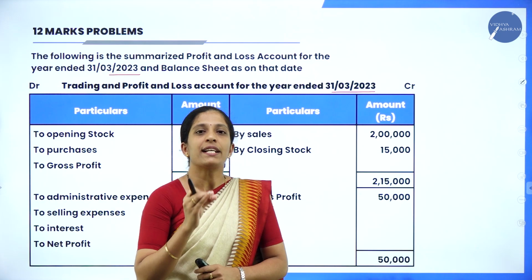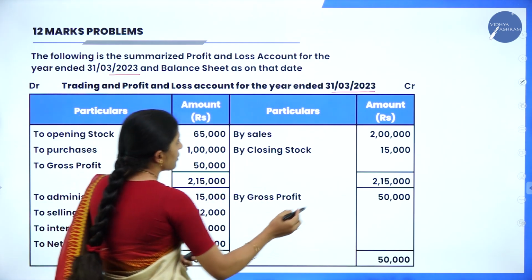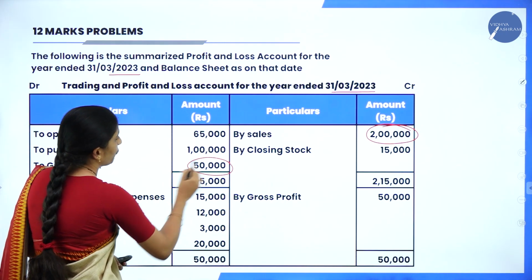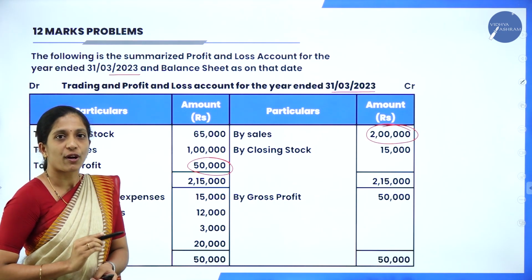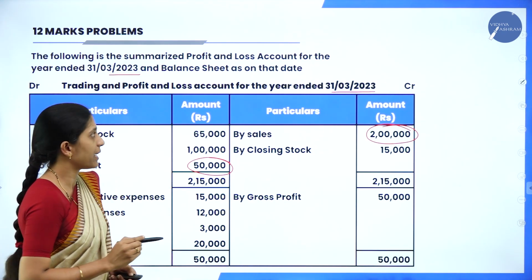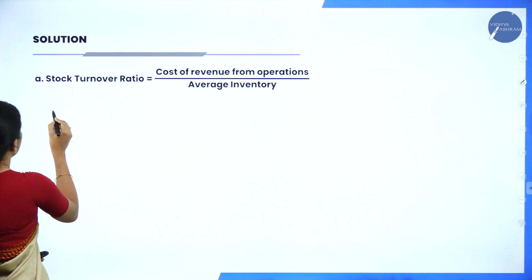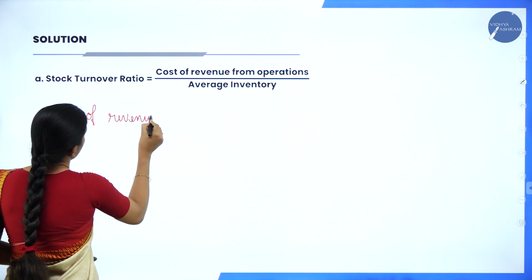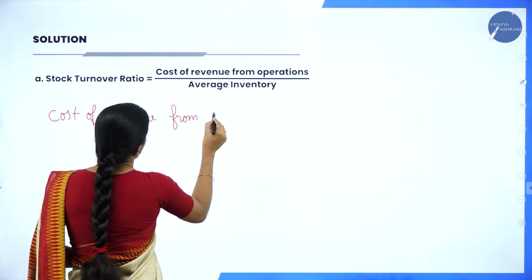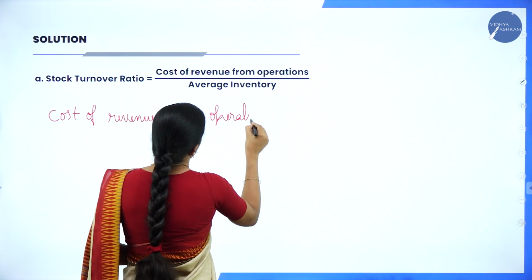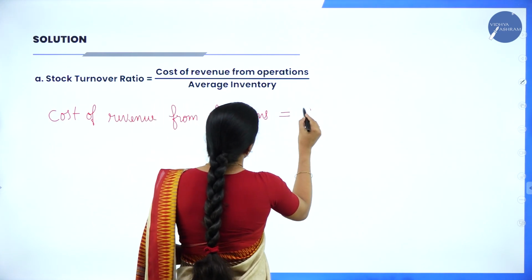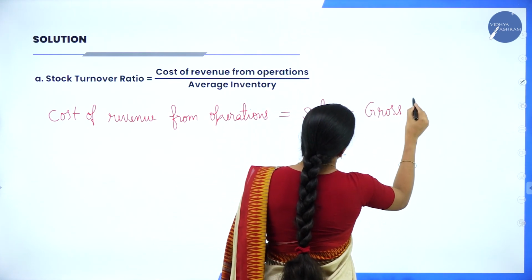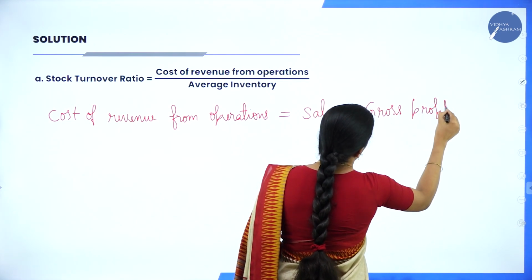Revenue from operation means what? Sales. Now they have given us sales 2 lakh and we have gross profit also. So gross profit is 50,000. So sales minus gross profit, we will get cost of revenue from operation. So cost of revenue from operations is equal to sales minus gross profit.